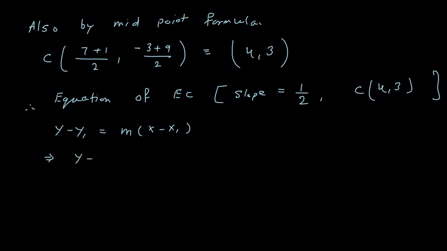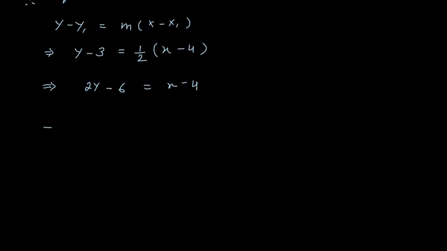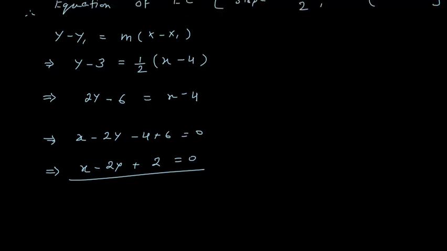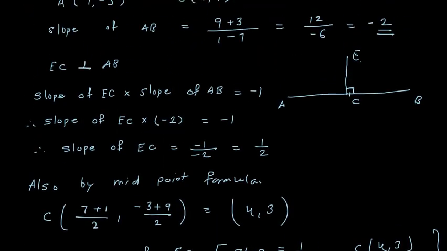This gives me y minus 3 is equal to 1 by 2 into x minus 4. So this gives you 2y minus 6 is equal to x minus 4. This gives x minus 2y minus 4 plus 6 is equal to 0, that is x minus 2y plus 2 is equal to 0. So x minus 2y plus 2 equal to 0 is the required equation.